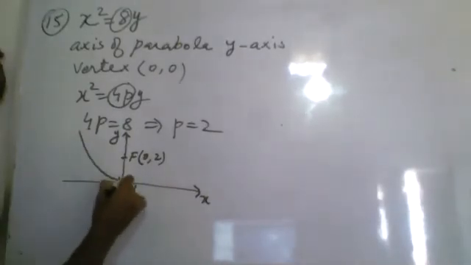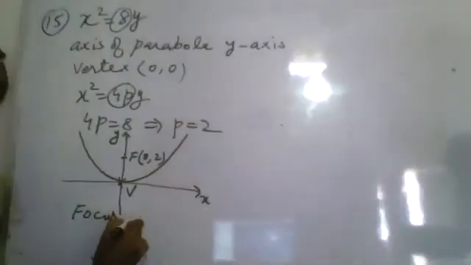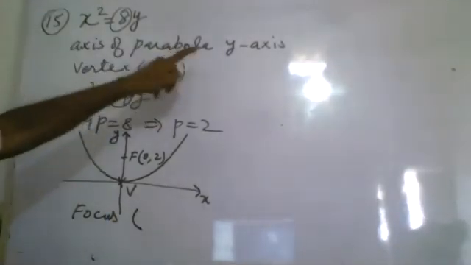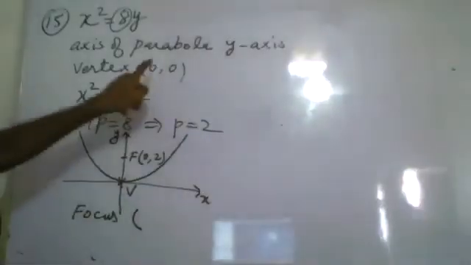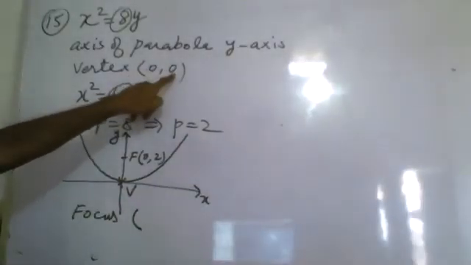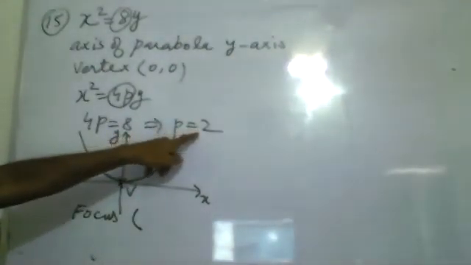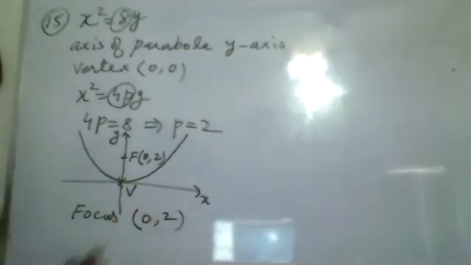That is the sketch. Since the axis of the parabola is the y-axis, the y coordinate changes from the vertex by 2. So 0, 2 will be the focus.